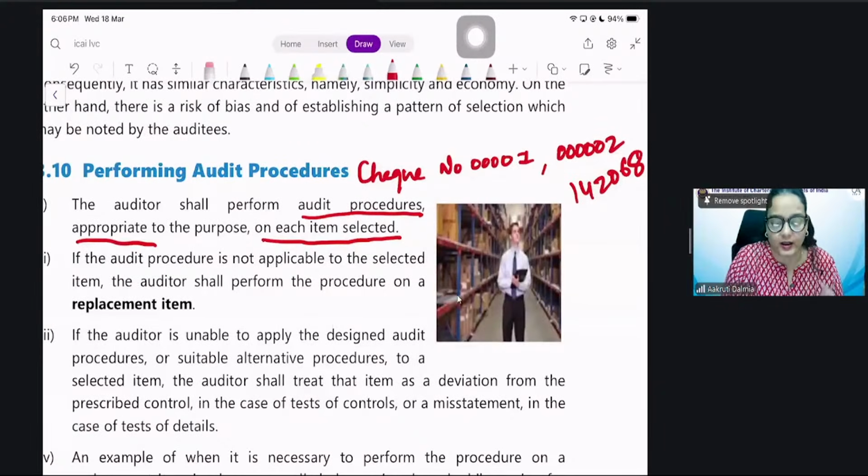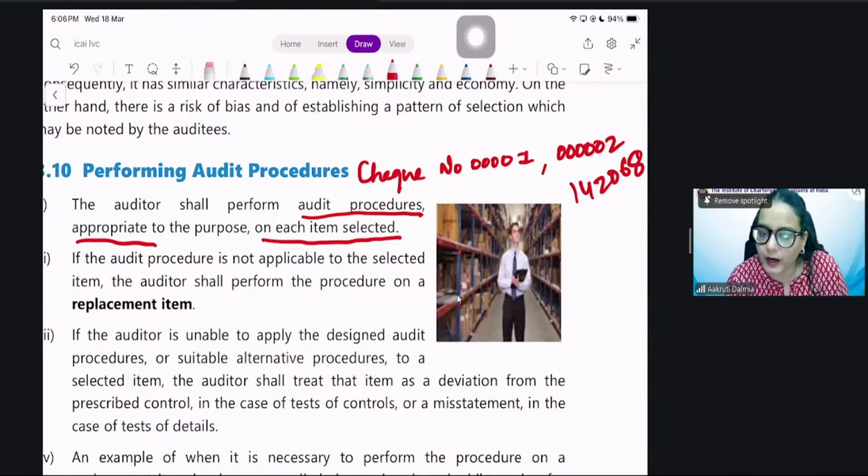Now on each check, I can check the invoice for which the check was paid. I can check who approved that check. I can check the check copy. I can check in the bank statement when the check was cleared, to whom the check was paid, right or wrong. So I will perform audit procedure as required on each item.